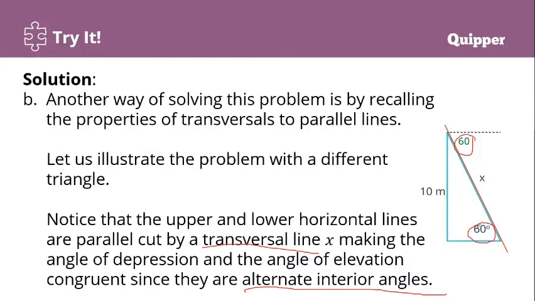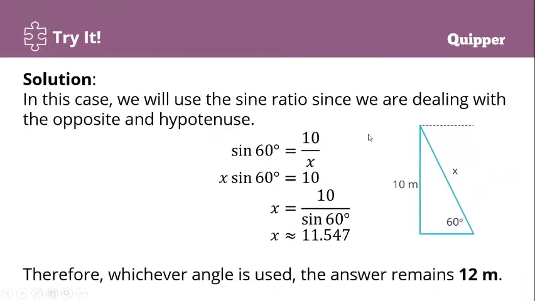With respect to 60 degrees, 10 meters is the opposite, while x is still the hypotenuse. So opposite and hypotenuse, we will use the sine ratio. We'll get the same answer, which is approximately 12 meters. The decision is up to you whether you're going to use the first or the second solution. That's for the first example.